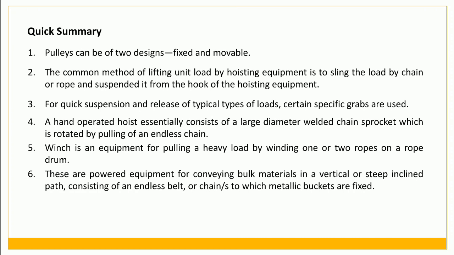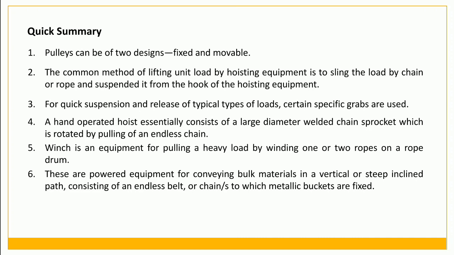Then there is the hand operated hoist, which is very essential and consists of a large diameter welded chain sprocket rotated by pulling an inlet stem. In case of a traveling hoist, the main hoist frame is fixed to the bottom of a 4-wheel trolley frame. Then we have studied the winch, which is equipment for pulling heavy loads by winding 1 or 2 ropes on a rope drum.